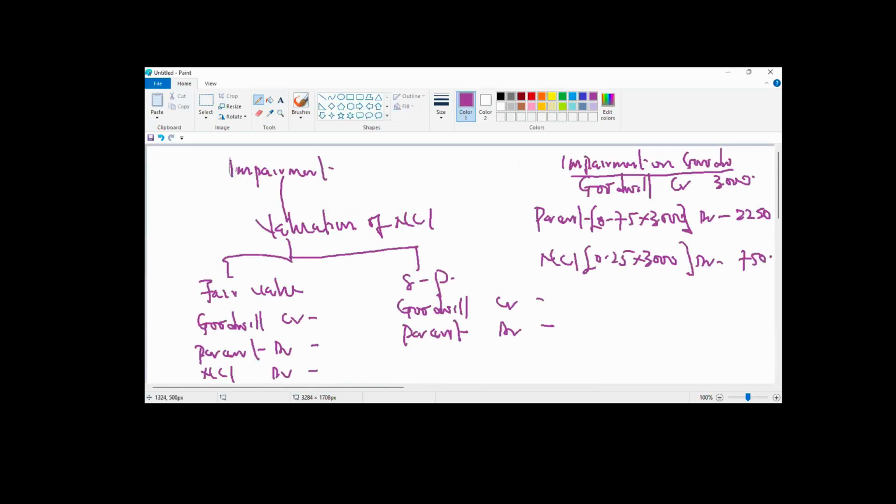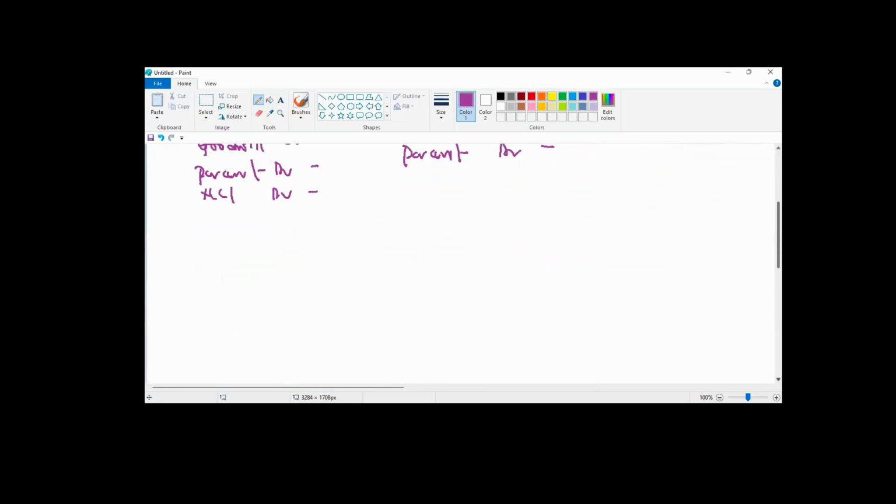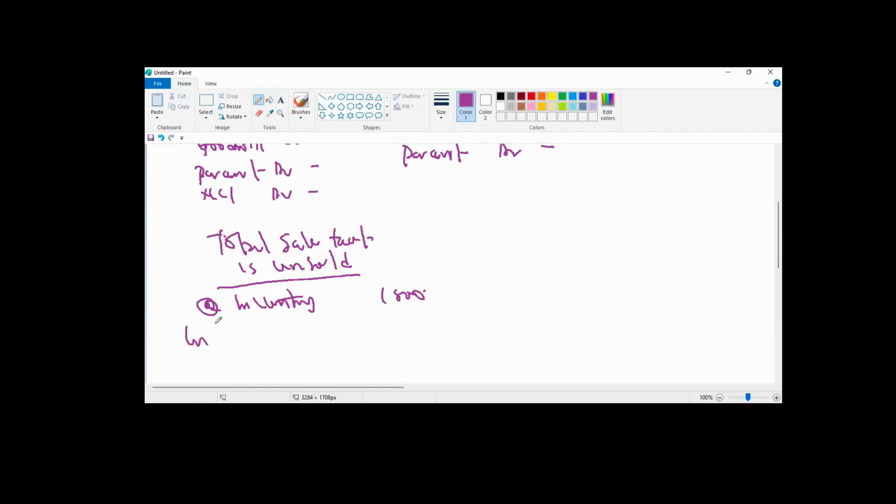The one in the inventory, he said 1.8. In transit, 800, making 2.6.